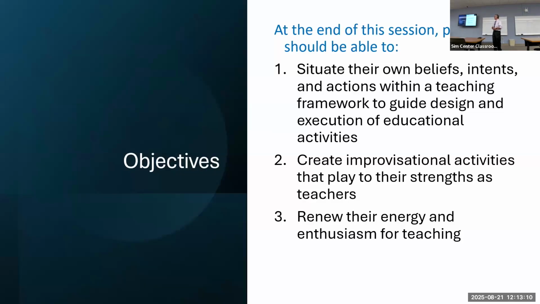So here are the objectives for today. I'll give you a minute to read them. And we're going to be talking about a number of different perspectives on teaching. The guy who did this work originally was a guy named Dan Pratt. He's a professor emeritus at the University of British Columbia.